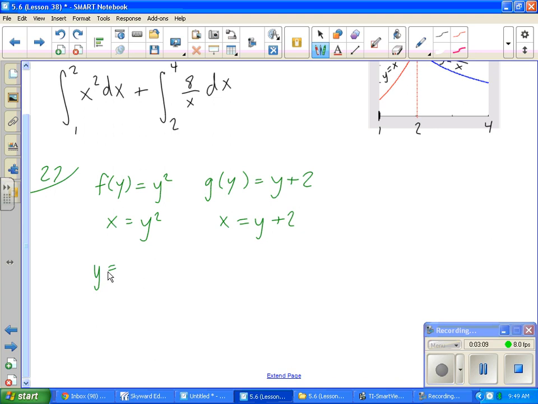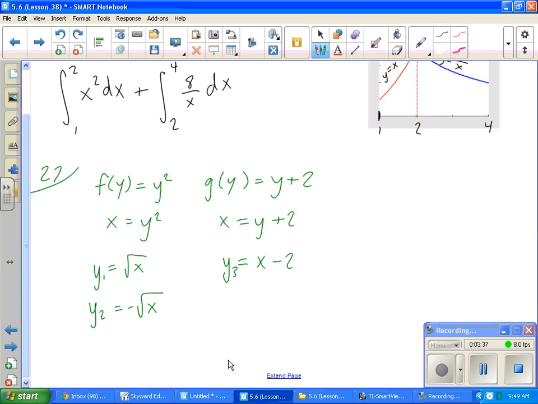So if I'm going to put this in my calculator, my y1 would be positive square root of x, and my y2 would be negative the square root of x, because you can't really do a plus or minus in your calculator. Otherwise, you're only going to get the top half, but you need the bottom half. So this is a parabola that opens to the right. And how do I solve this for y equals? X minus 2, right?